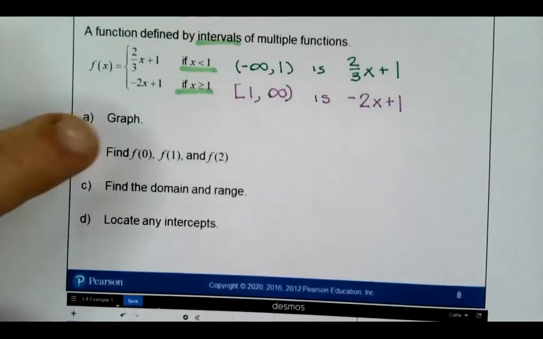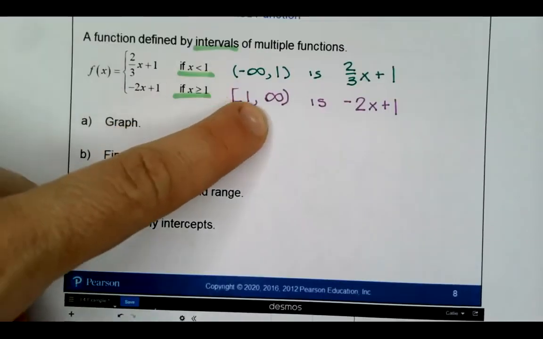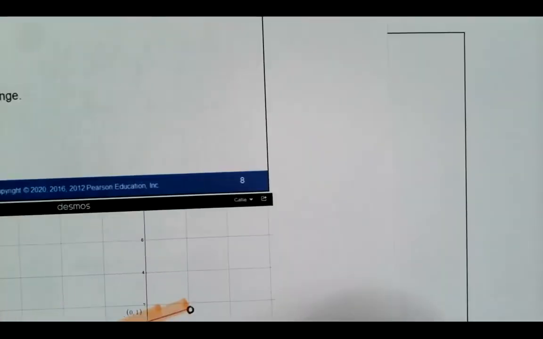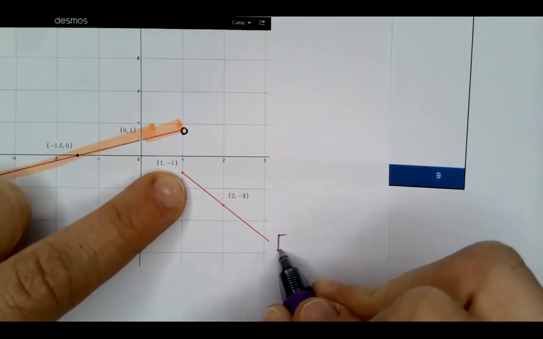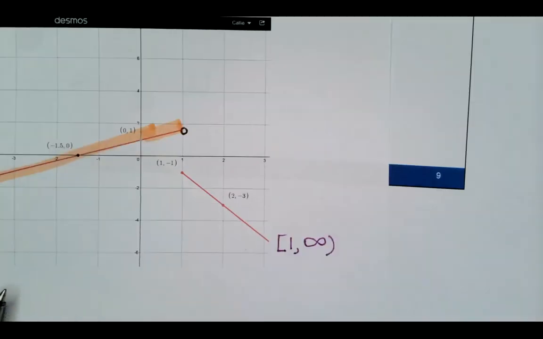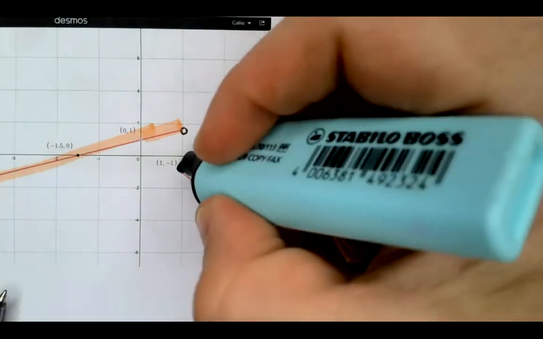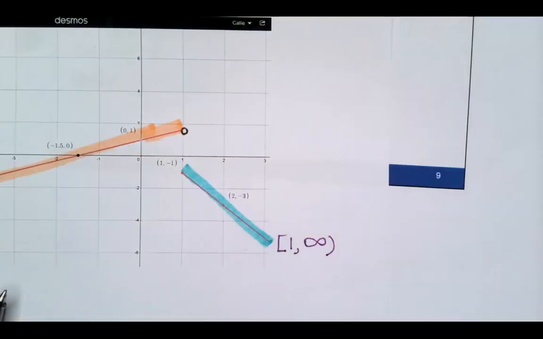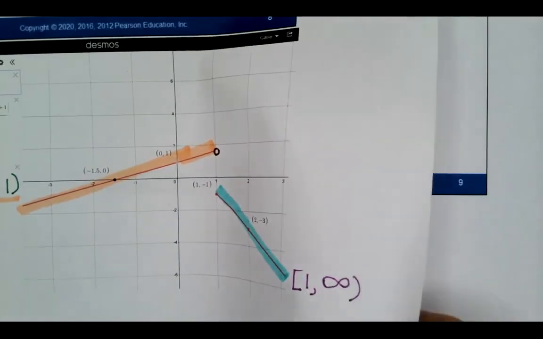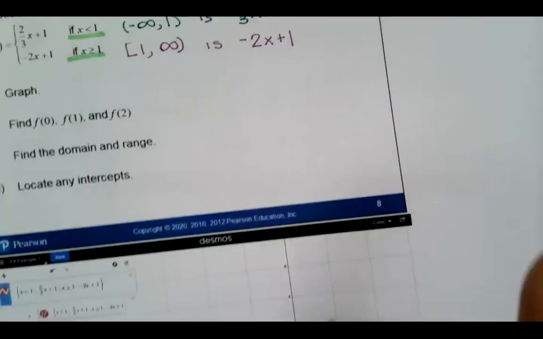And then from 1, including 1, until positive infinity, and do this graph. And that does include 1. All right, so those are the intervals.